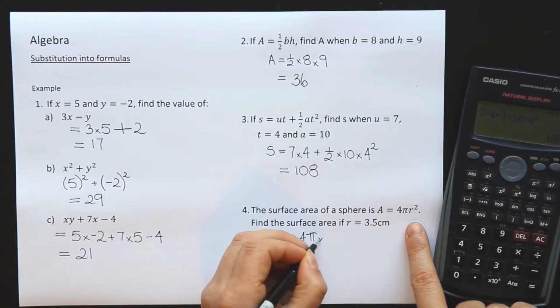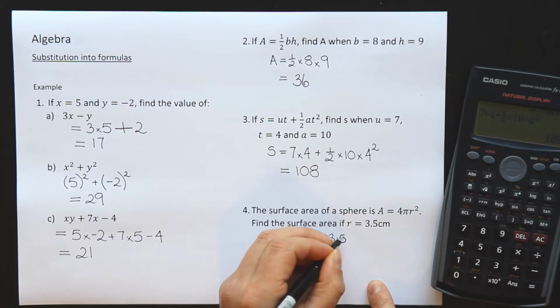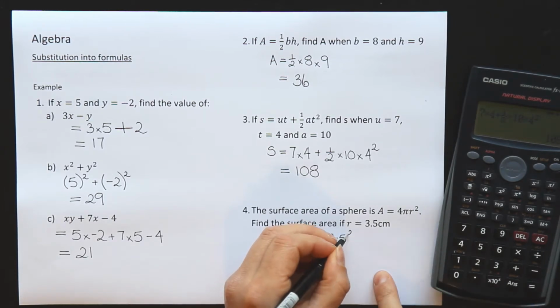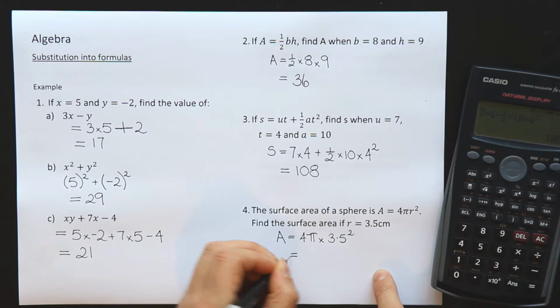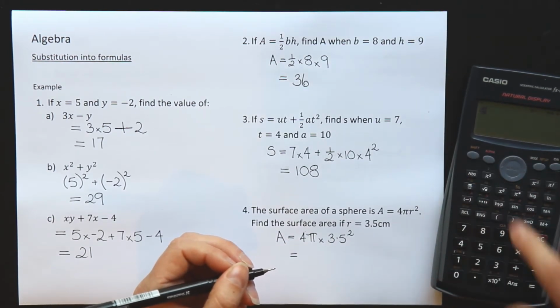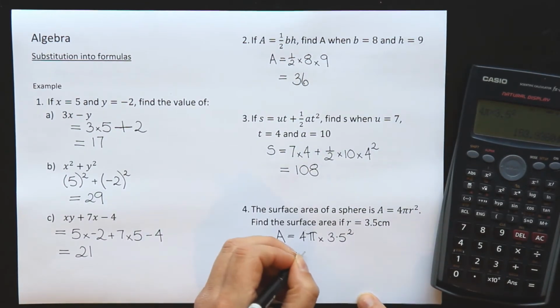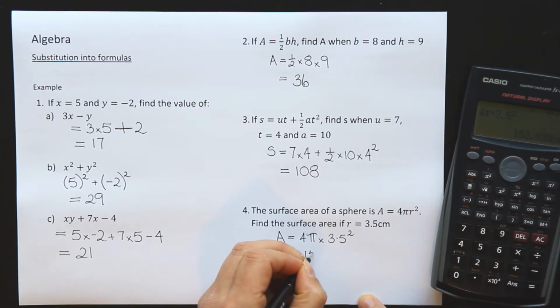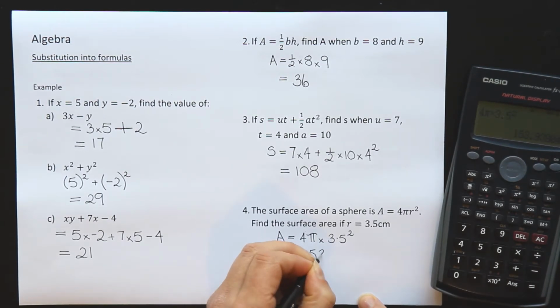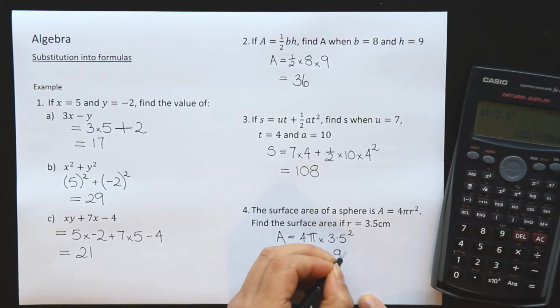And that will be times r, r is 3.5, and the formula says squared. Okay, and calculate. 4 pi times 3.5 squared. Now, I do have a lot of decimal places for this, so I'm going to round to 2 decimal places, which would be 153.94.